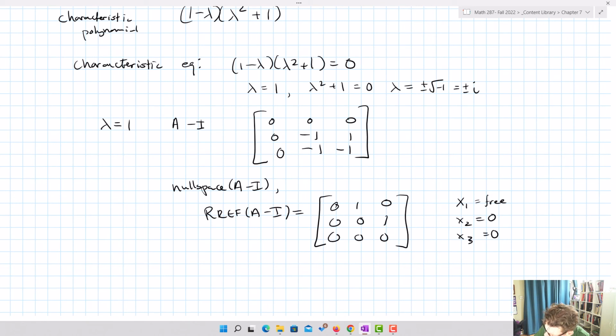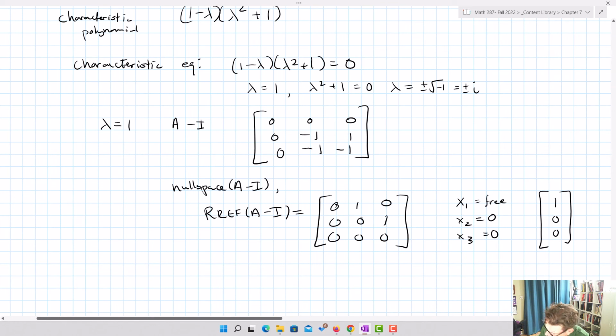So we can write that as 1, 0, 0. That standard basis vector 1, 0, 0, okay, because we've got the free variable. So consequently, our lambda 1 equals 1 has the associated eigenvector v1 equal to 1, 0, 0.